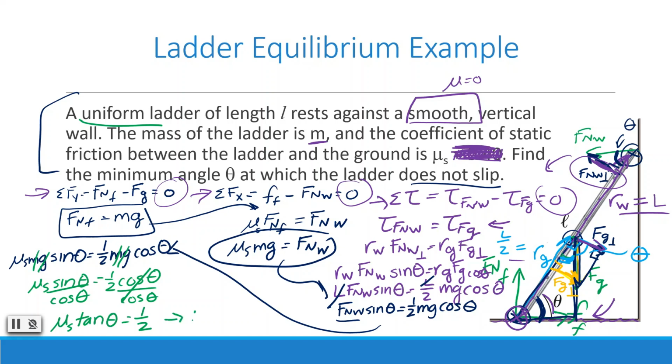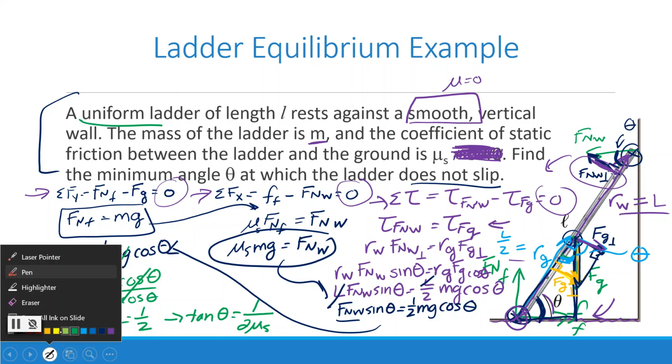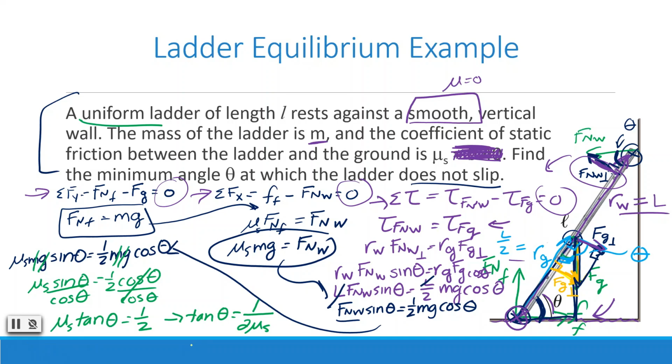So tan theta is going to equal 1/2 times mu s. So if I wanted to find theta, I take the arctan of both sides. So that is going to give me that theta is tan to the minus 1 of 1 over 2 times mu s.